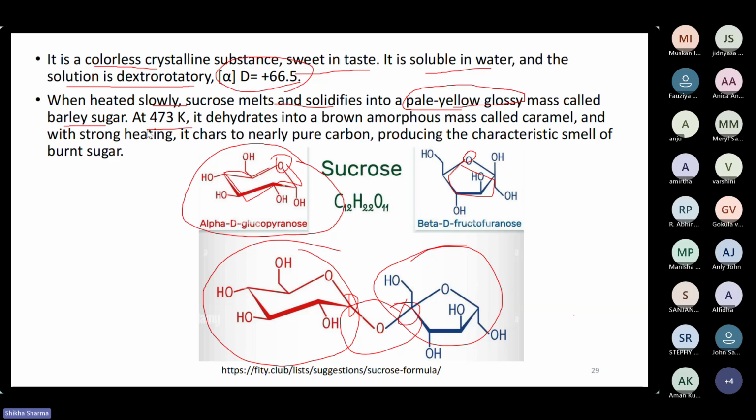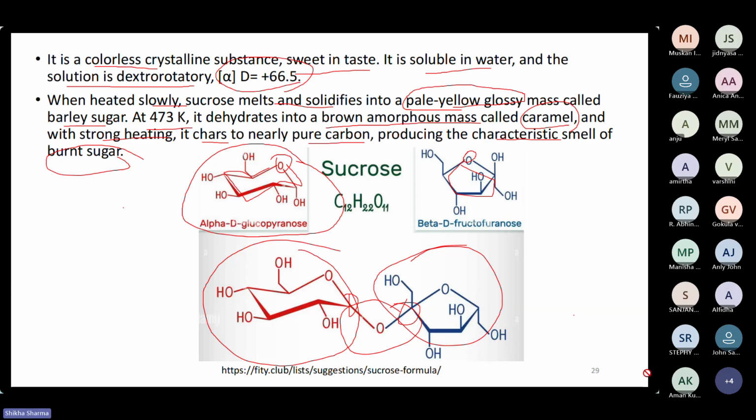At a higher temperature, 473 Kelvin, it dehydrates completely and a brown amorphous mass is obtained, which we know as caramel, or we can caramelize the sugars with strong heating, and at the end it will form a char of nearly pure carbon, producing the characteristic smell of burnt sugar.